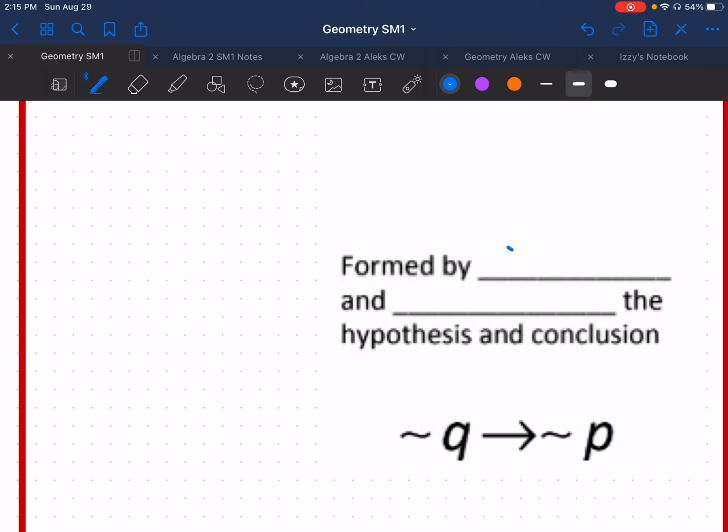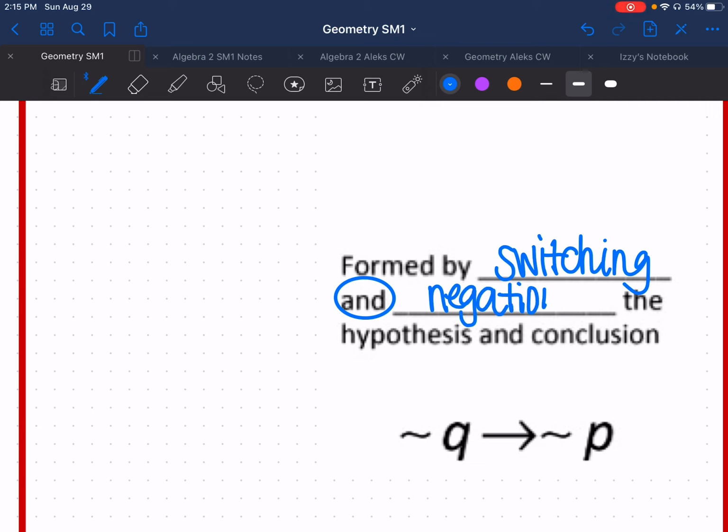This one is formed by switching, just like we did in the converse, and negating, just like we did in the inverse, the hypothesis and the conclusion. So what I want you to notice is that this one takes my P, if P, then Q, and it says if not Q, then not P.